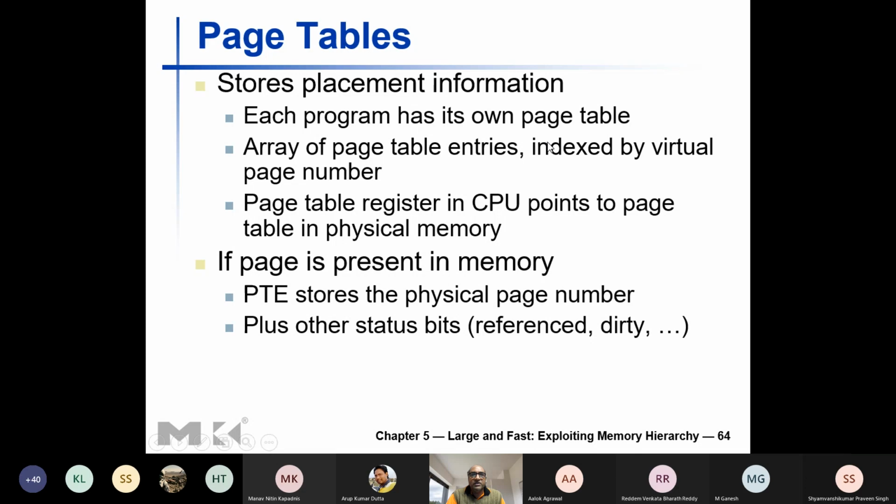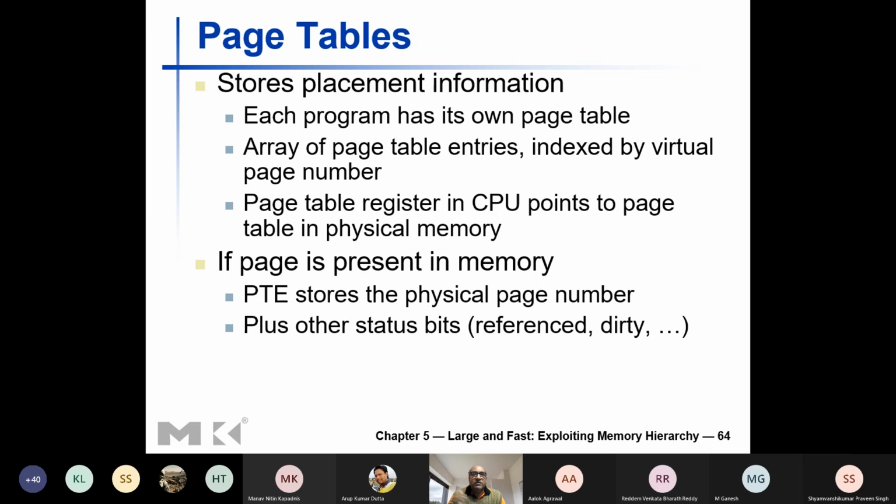A page table maintains the mapping between the virtual pages and the corresponding physical pages of that particular process. Otherwise, if the memory is organized as fully associative, you need to search each entry, each page of the main memory, and check whether this page is present or not. That takes a very huge time.